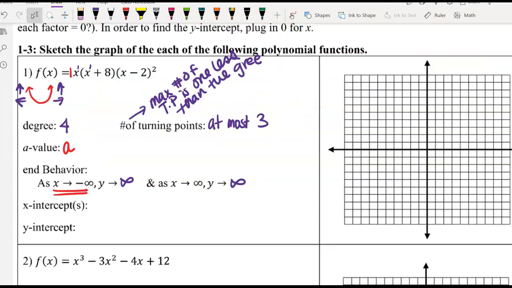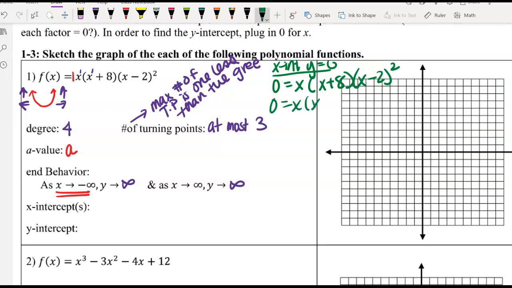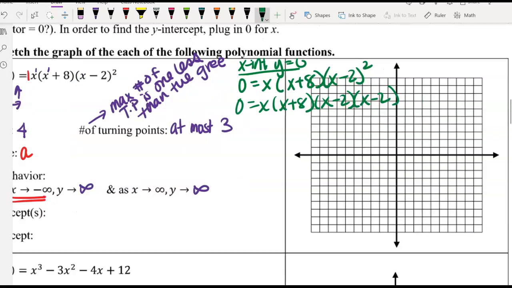Let's find the x-intercepts really quickly. X-intercept, again, is when y equals 0. So x-int, y equals 0: 0 equals x times x plus 8 times x minus 2 squared. Now, x minus 2 squared, students, you can also think of as x minus 2 twice, okay? Now, it's already in factored form.